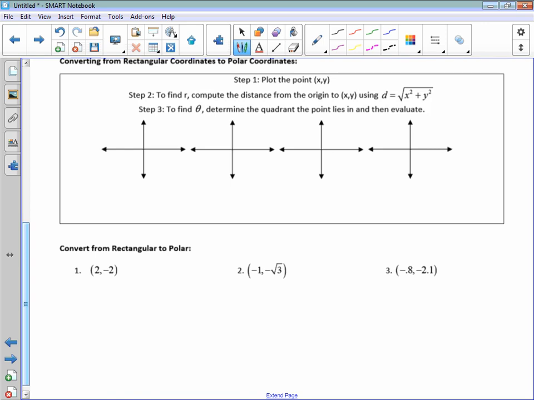There's 4 little graphs here because you can think about if the point is in the first quadrant, there's R, there's theta, right? If it's in the second quadrant, so we'll do X, Y. There's your R. The theta now has to be bigger, the second quadrant angle.